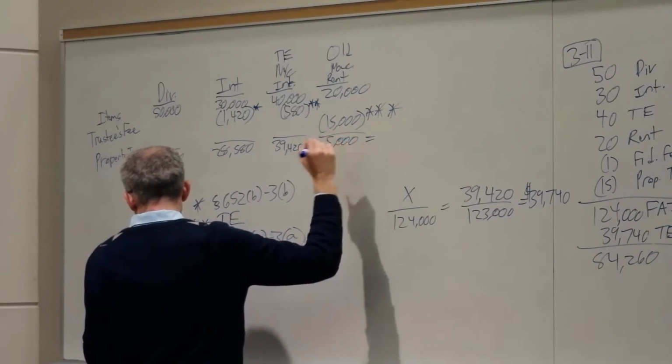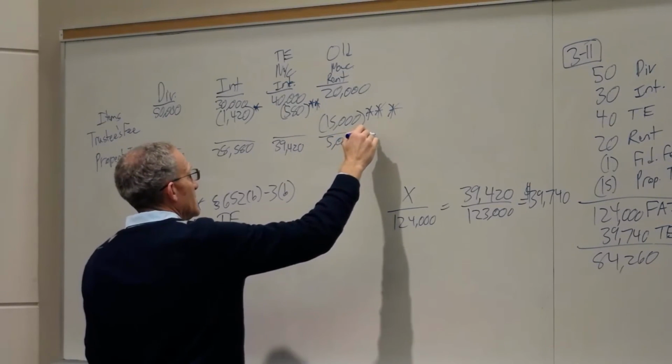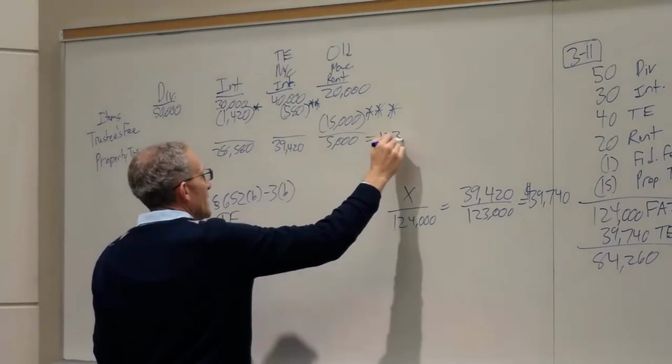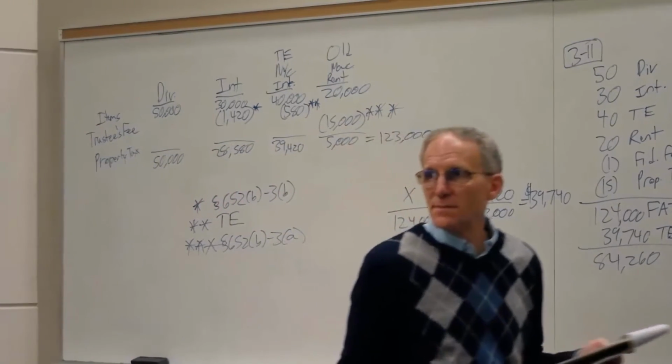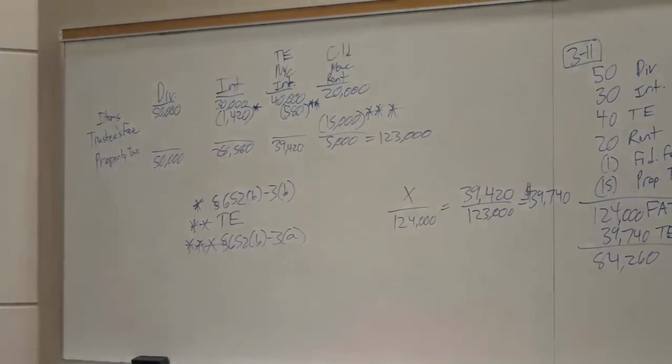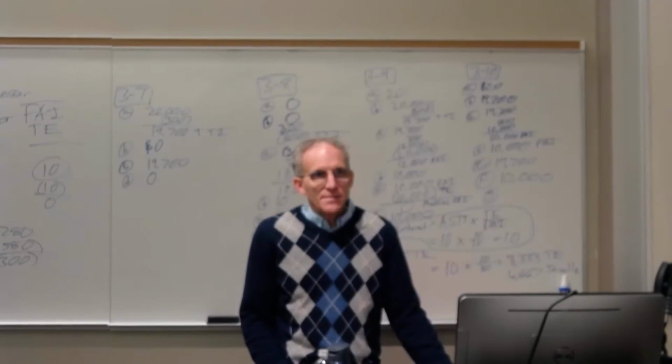You add this all together, you're going to fall off your chair if I tell you what it should total: 123, $123,000. That's straight from the example of the regulations.